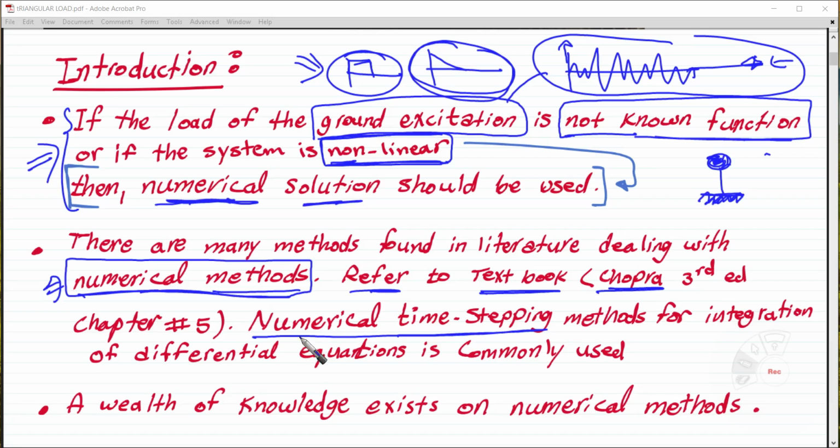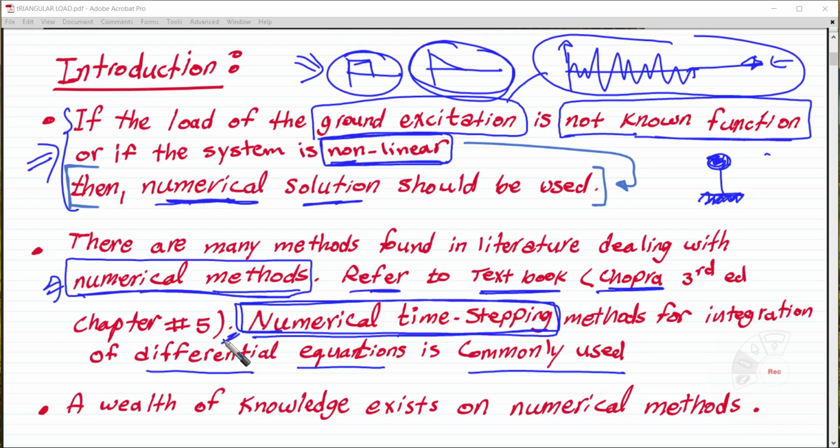Okay, so numerical time-stepping methods for integration of differential equations are commonly used. We call it time-stepping method or numerical time-stepping method. Very famous. You are going to find that it's a common way for many researchers and engineers who are using it.